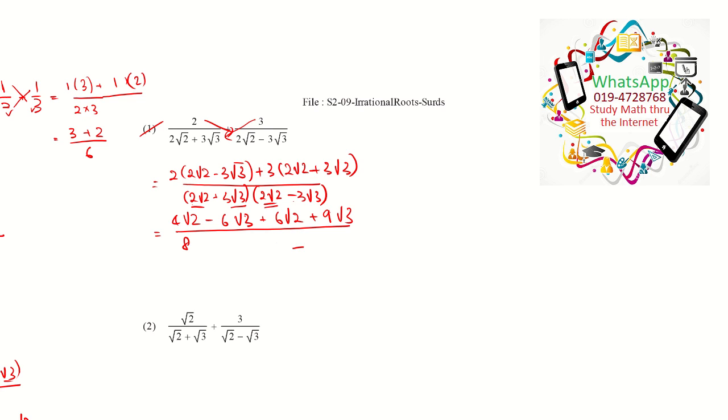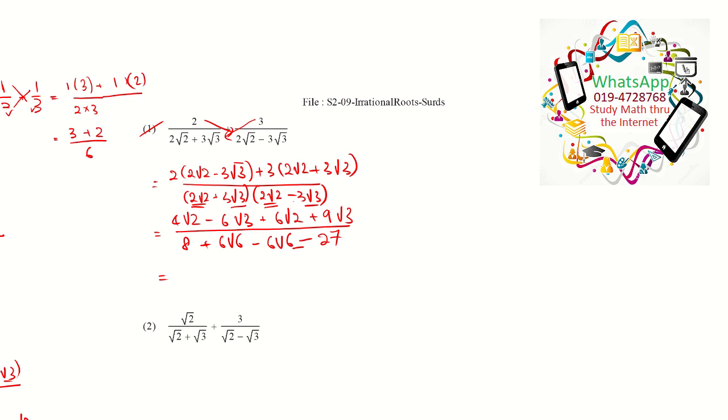Okay, this times this, 3 times 2, 6, 6 root 6. Okay, then this times this also minus 6 root 6. Then minus 9, 3 times 3, 9, 9 times 3, 27, minus 27.